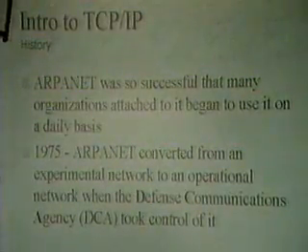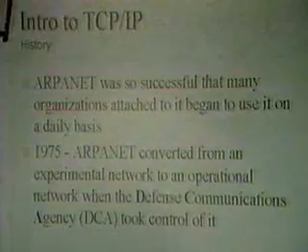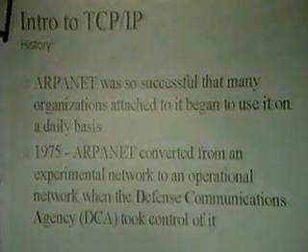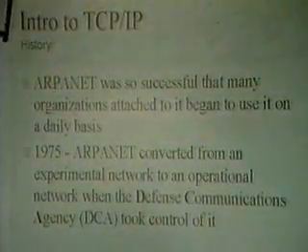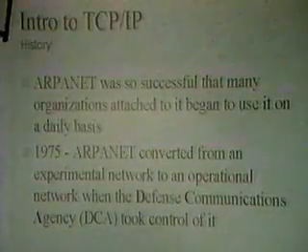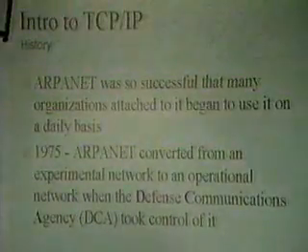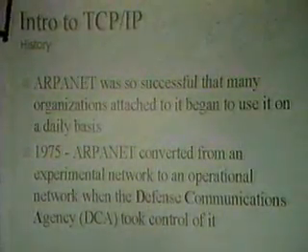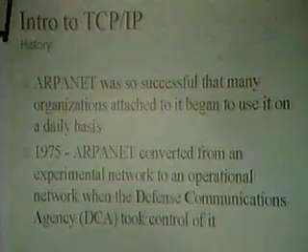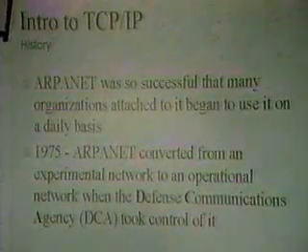Obviously, it proved to be a very important resource. People were using it on a daily basis, so it did grow rather rapidly. In 1975, ARPANET converted from an experimental network to an operational network when the Defense Communication Agency, also known as DCA, took control of it. They took full control of it and released it from ARPA.